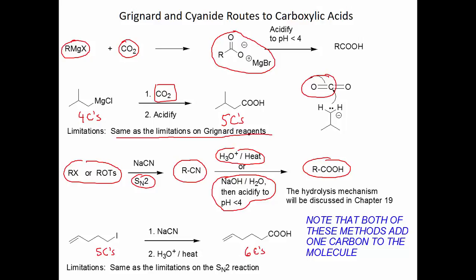As long as we have an alkyl halide or tosylate that's capable of doing the SN2 reaction, this reaction should normally work. And again, one thing that's common to both of these reactions on this slide here is that they increase the number of carbons by 1, whereas the oxidation method in the previous chapter does not change the number of carbons.